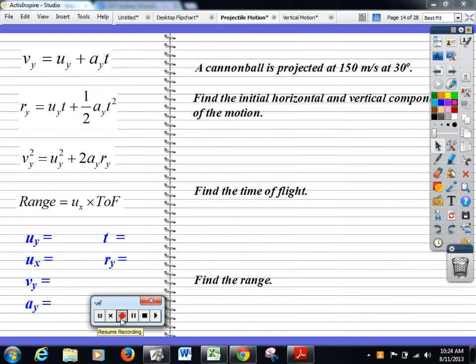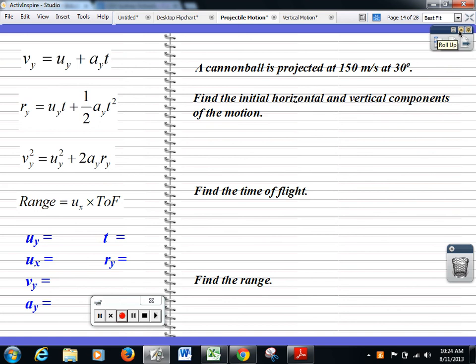To fill in the entire table, you need to be able to find the time of flight and the range and max height. Okay, so let's do it by this example here. The equations that we're going to use are the ones from yesterday.